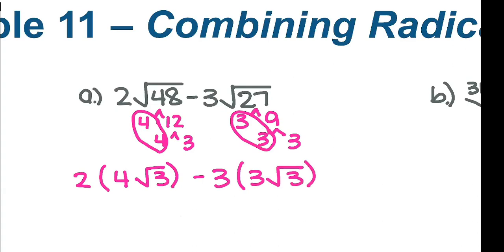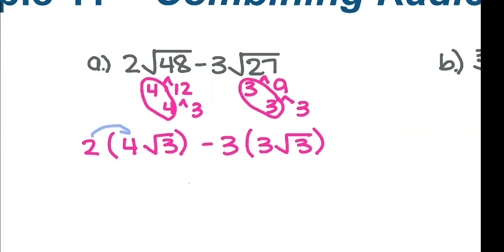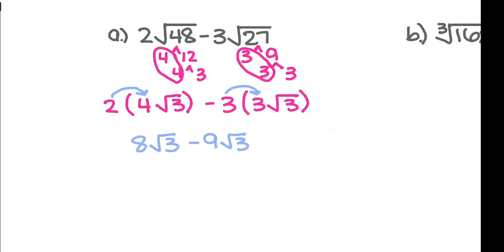Simplify the multiplication here. Do the 2 times 4 and the negative 3 times 3. 2 times 4 gives us 8 square root 3. And then the negative 3 times 3 gives us a negative 9 square root 3. Now ask yourself, do I have the same terms underneath my radical, and is my index the same for both?